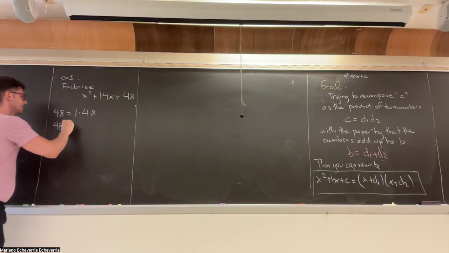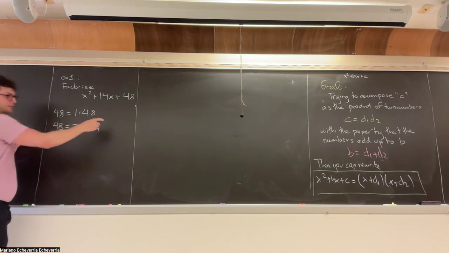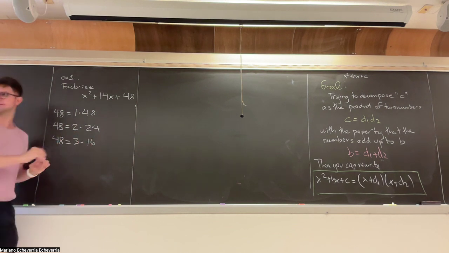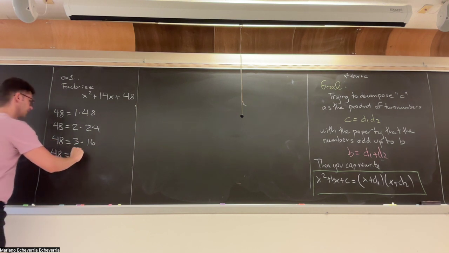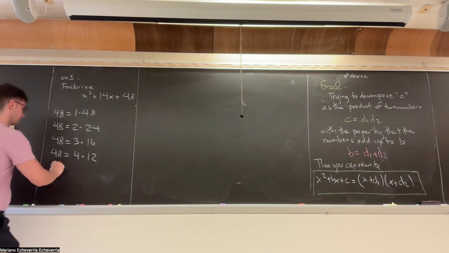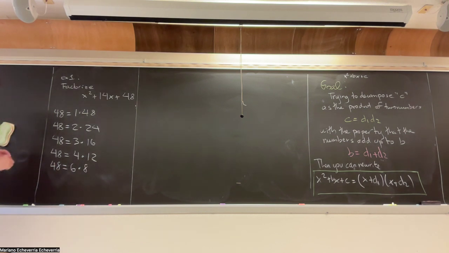48 is also 2 times 24. That also works as a decomposition. What is 48? That is also 3 times 16, right? 48 is also 4 times 12. 48 is 6 times 8, right?